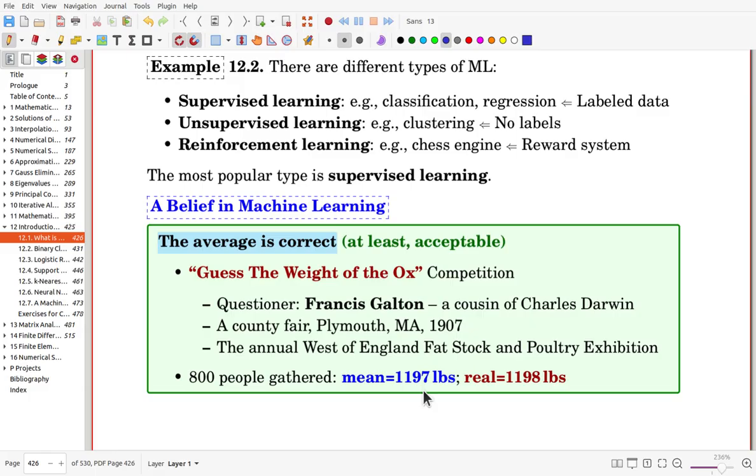So even though the people don't know the exact weight, the average value is almost the same, only a 1 pound difference. So that average from many inputs can be correct, at least acceptable. This belief is a base for machine learning.